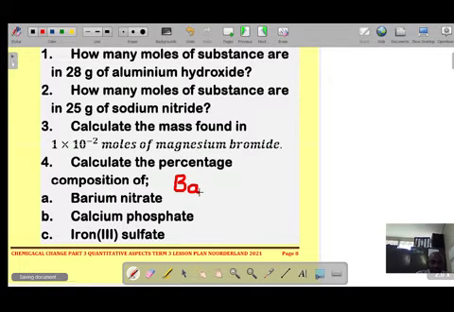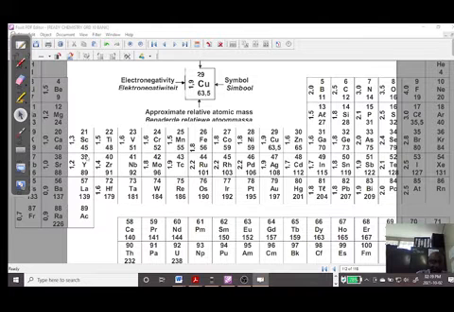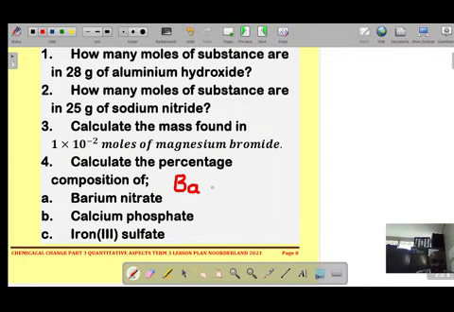Is it group 1 or group 2? Let's check it out first. Barium is Ba. It is here. It is group 2, right? So it means it's got valence 2.